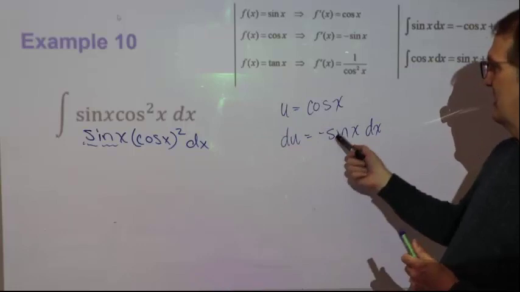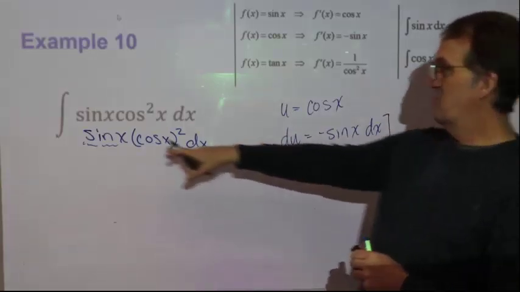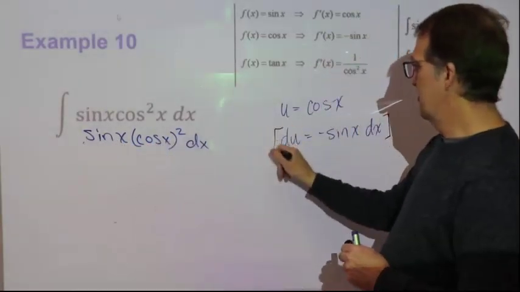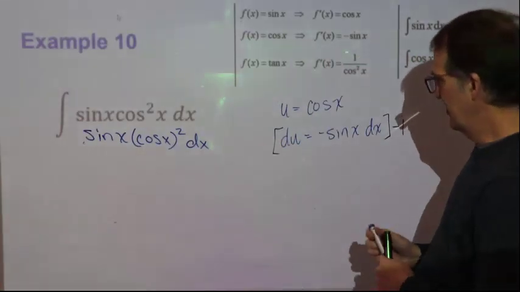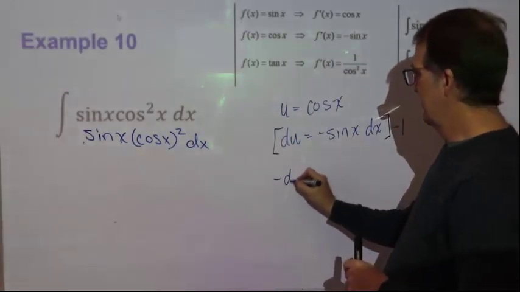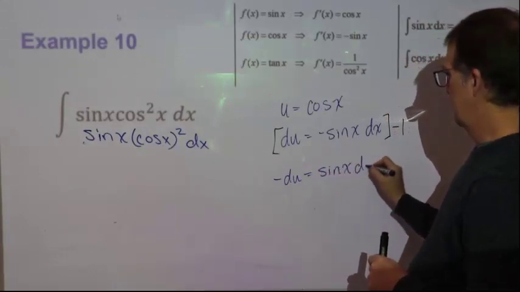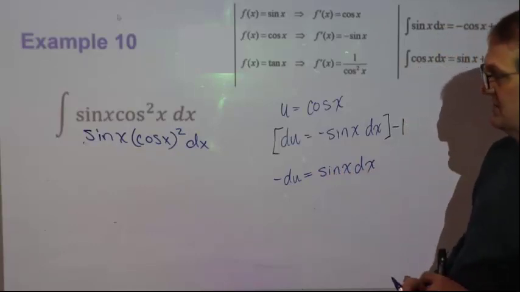I need negative sine x, or actually I need it positive sine x, so I'm going to multiply this by negative 1. So I have negative du is equal to sine x dx.